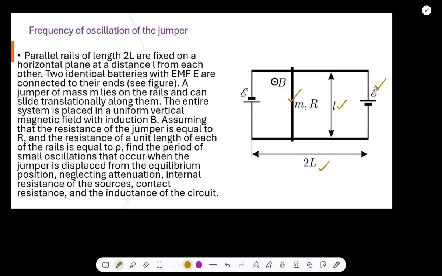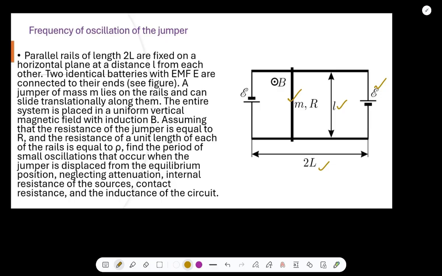That is, resistance per unit length is rho. Find the period of small oscillations that occur when the system is displaced from the equilibrium position, neglecting attenuation, internal resistance of the sources, contact resistance, and inductance of the circuit.